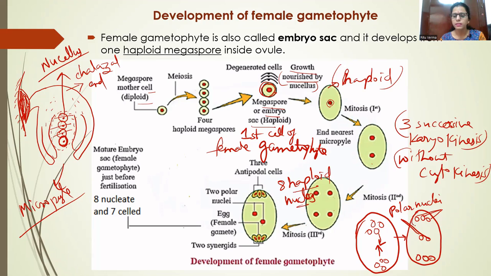Then this cell undergoes cytokinesis, cell division, and it produces 3 cells at the chalazal end, because this end is towards the chalaza. These 3 cells are produced at the chalazal end, and the end which is towards the micropyle develops 2 synergid cells and 1 large egg cell.